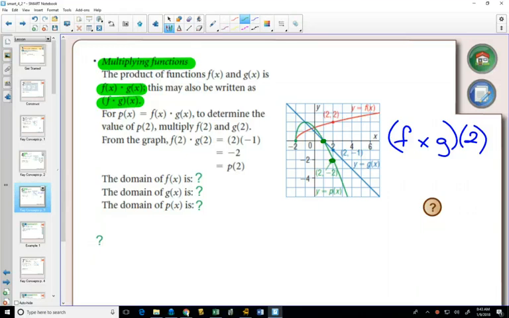You'll want to check, where are my red graph or my blue graph, my original graphs, equal to 0? Because 0 times anything is 0. So even though at this blue point right here, I would say that our red point isn't a nice point, it's not something that you can easily, you'd have to estimate to figure out what that is. We still know that 0 times anything is 0.